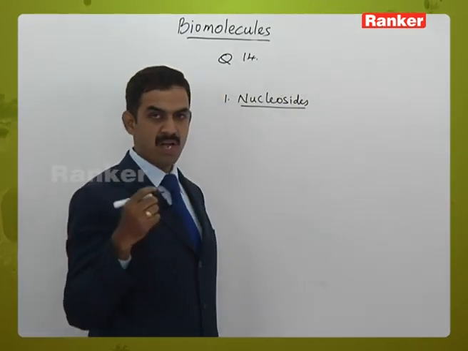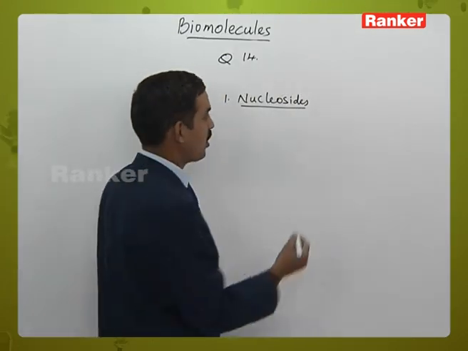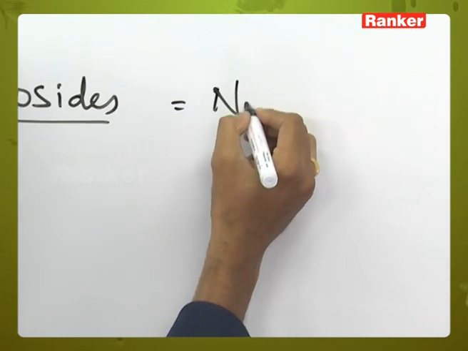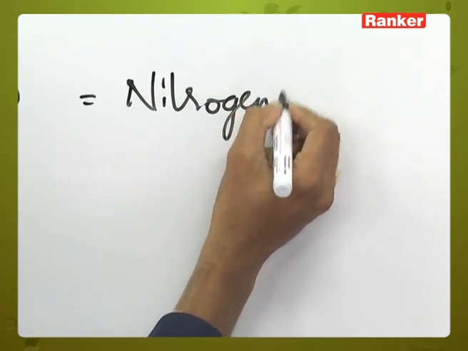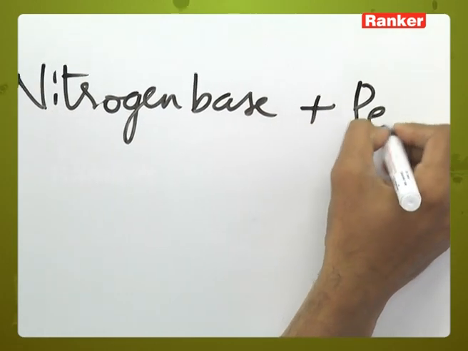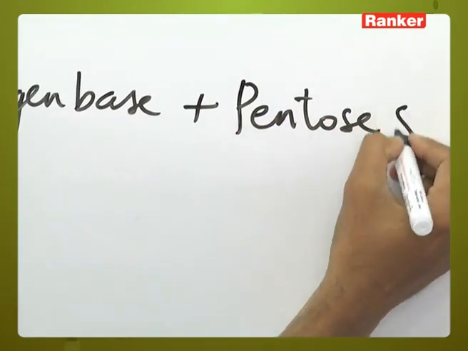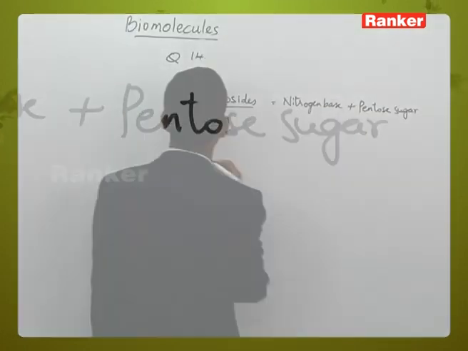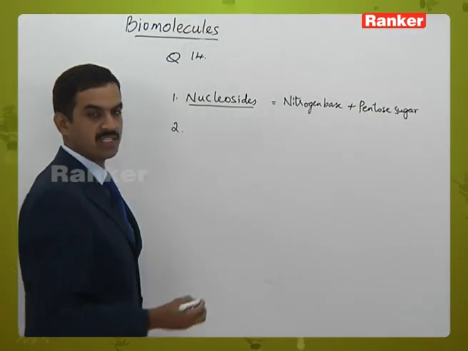Nucleosides are also part of nucleic acids, but these are made up of only nitrogen base plus pentose sugar. Then the second one is nucleotides.